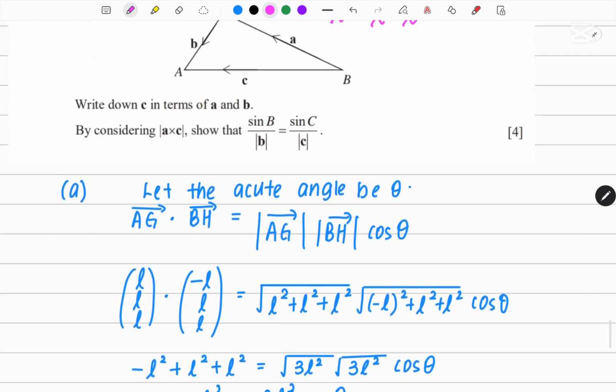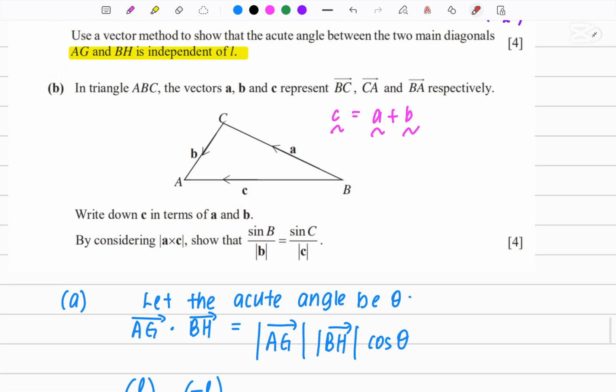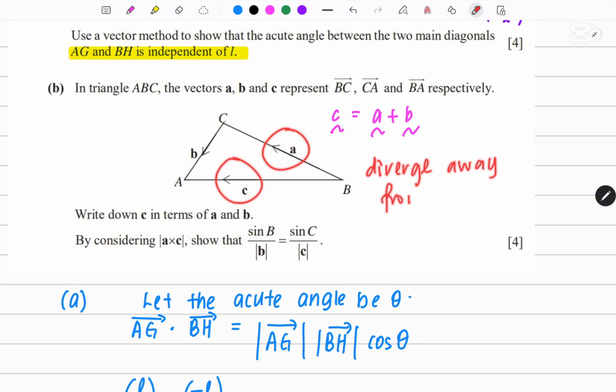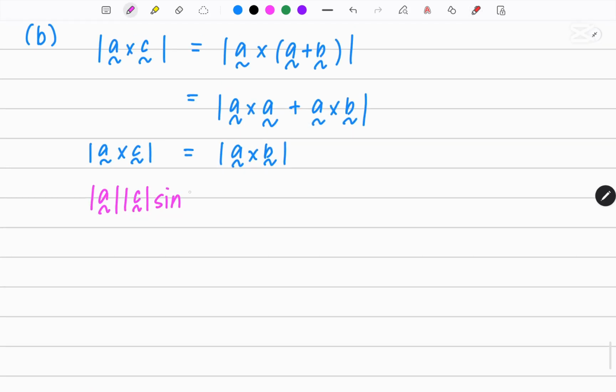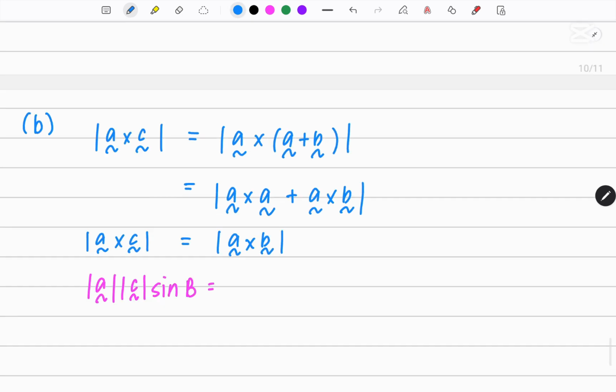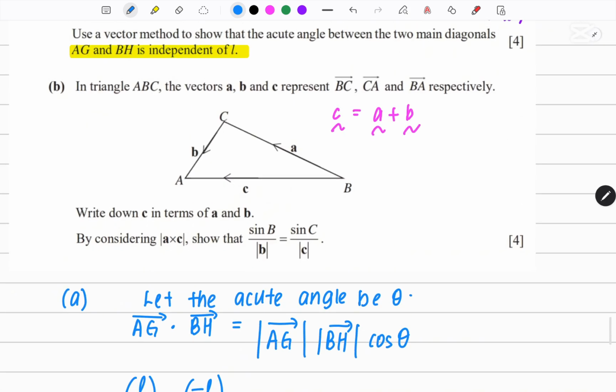So let's go by the diagram to see what the angle is. If we're looking at A and C, do you all see that vectors A and C, they actually diverge? They diverge away from which angle? From angle B. Okay, they diverge away from this angle. So it will be sine B. Take note that the vectors must either converge to the angle or diverge away from the angle.